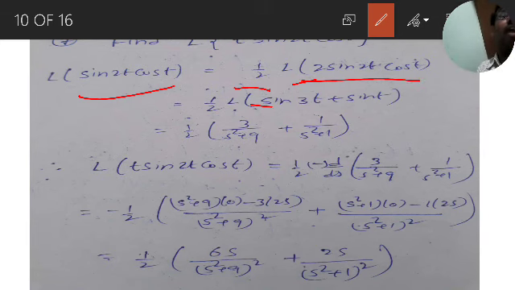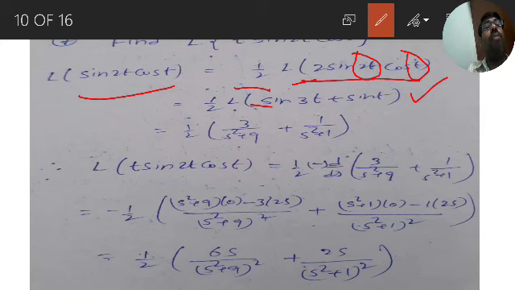What is a? A is 2t, and b is t. A plus b is 3t, a minus b is t. So half into L of sine 3t plus sine t. Are you able to get it? So by using the trigonometric formula, we converted L of the product of sine 2t and cos t into sums.